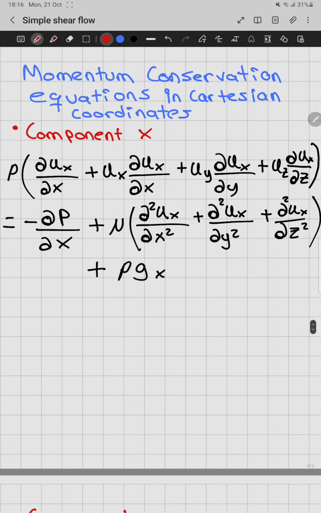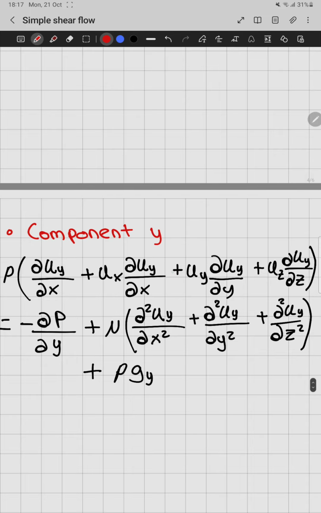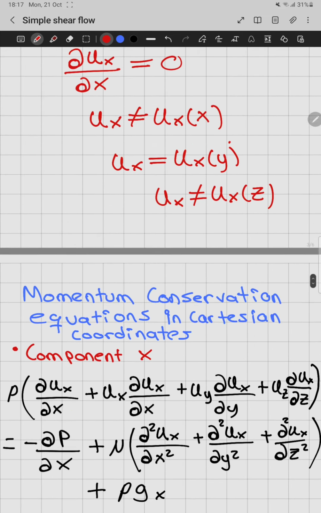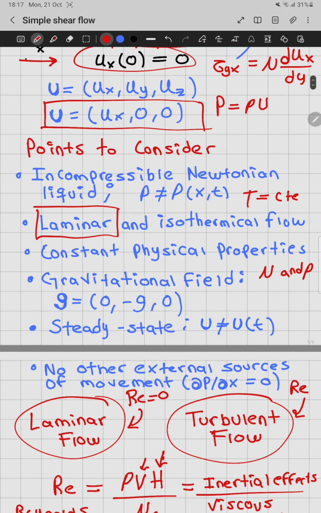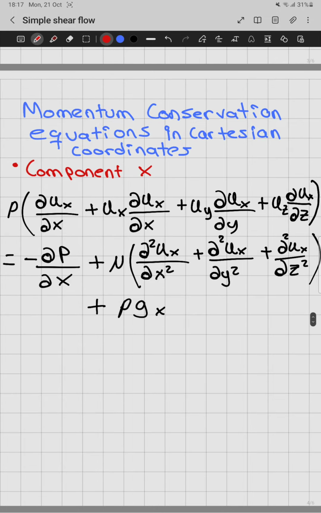So we have the Navier-Stokes equation in x direction, the component x, we have the component y, and we have the component z. So with these assumptions, with these points to consider that we already talked about, let's simplify the system of equations.